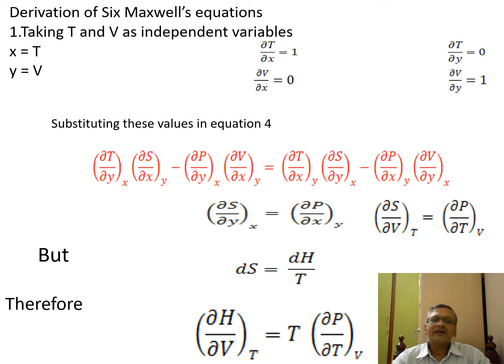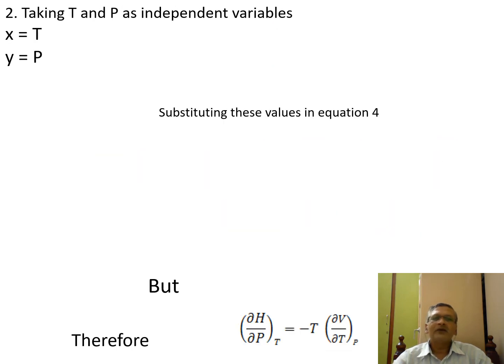Next, we will derive the second thermodynamical equation. Look here. Now we can take temperature and pressure as independent variables. Therefore, x is T, y is P. Again, differentiate T with respect to x and T with respect to y. Like this. ∂T upon ∂x is 1, but ∂T upon ∂y is 0.